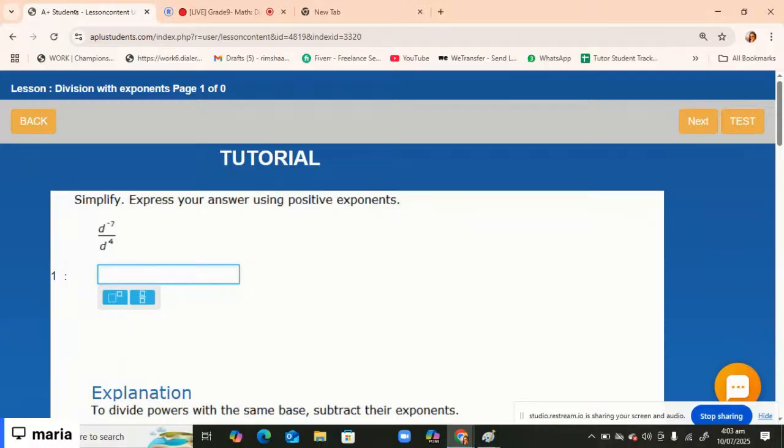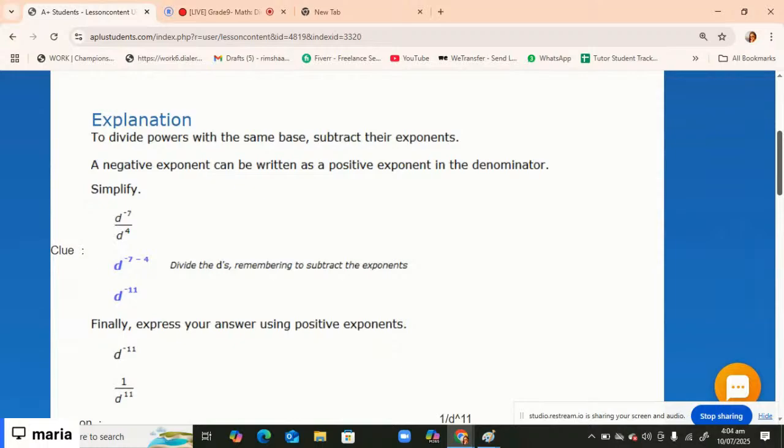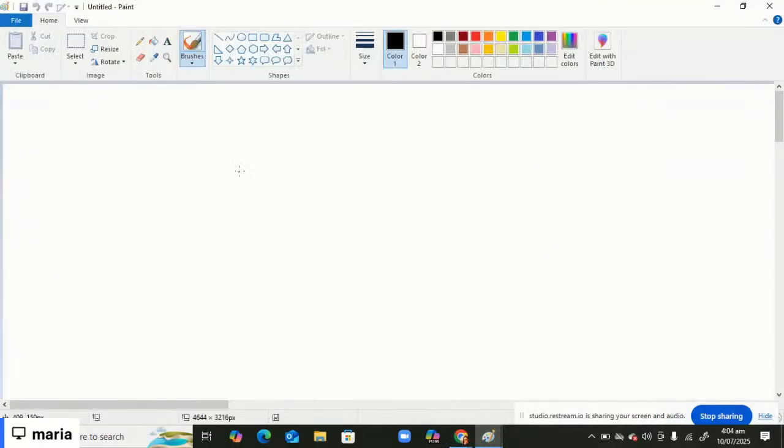With exponents, we just divide the powers with the same base, and we only subtract their exponents. A negative exponent can be written as a positive exponent in the denominator, and we express our answer in this way.